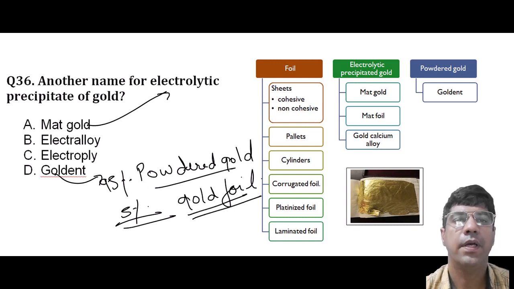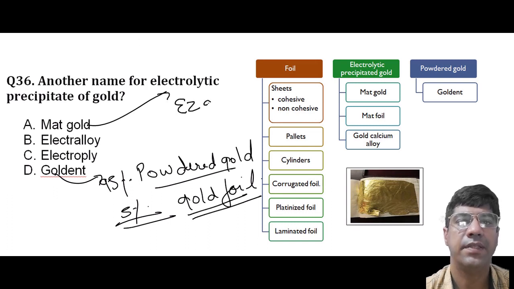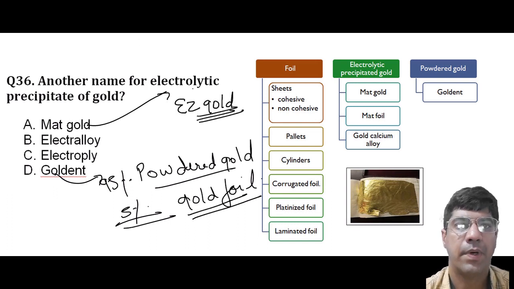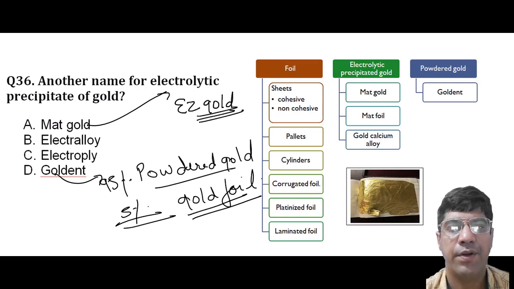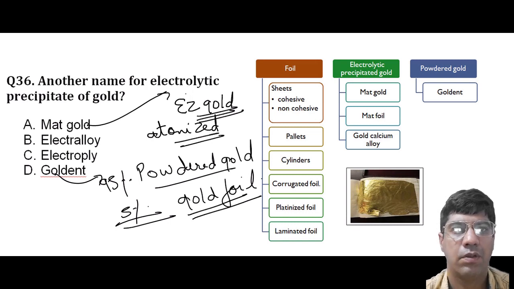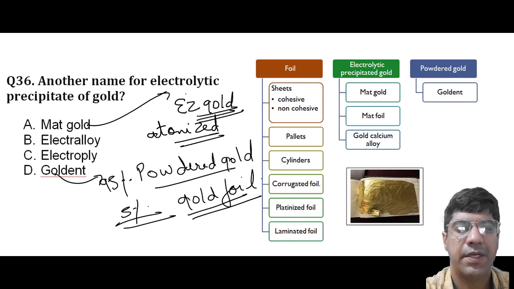The powdered gold is also known as EZ gold. Powdered gold is a blend of gold particles that has been broken down into fine particles, which means they have been atomized. So the other name of electrolytic precipitate of gold is matte gold.